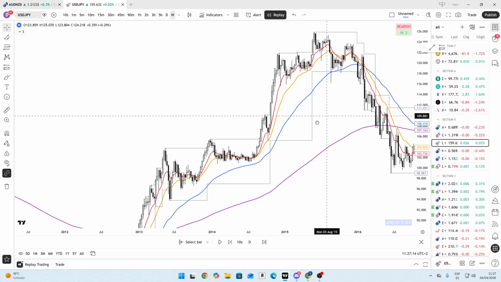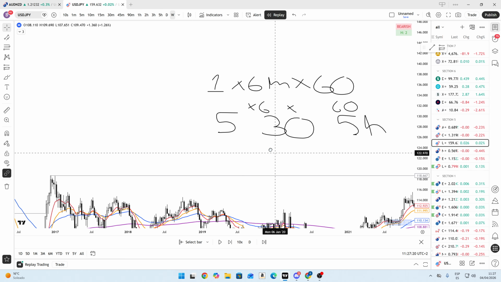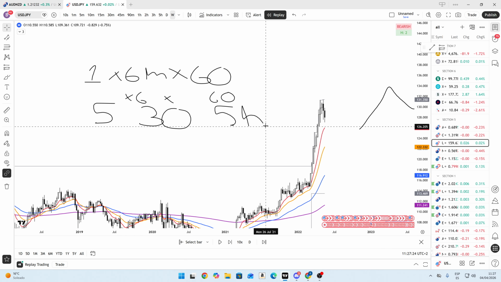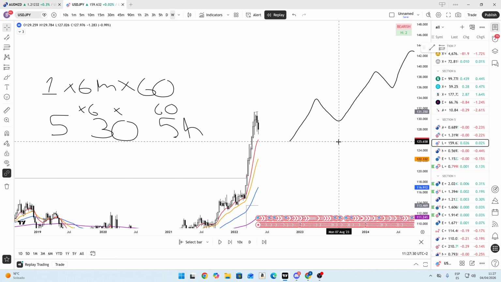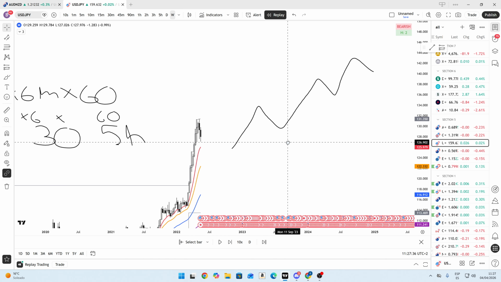But then I realize that this may belong to another time frame, so instead of going from the 5 hour to the 30-minute, I'll go to the 1 hour, because it will be my entry time frame now. It's divided by 6, basically. It's actually divided by 5, but it's the same thing.